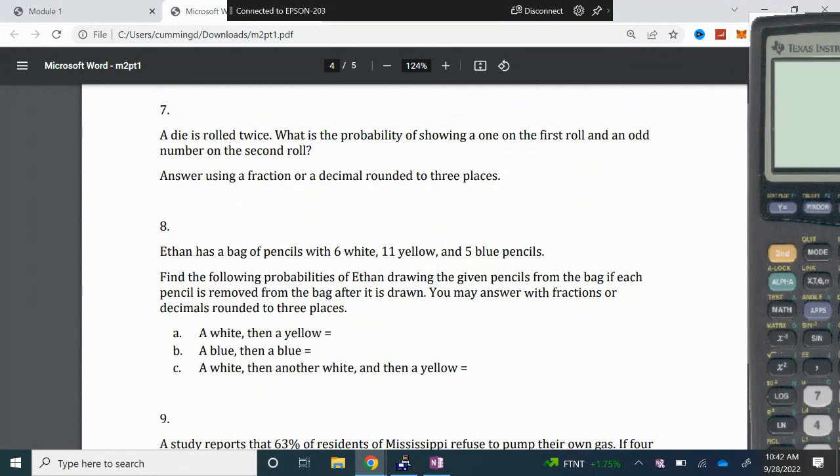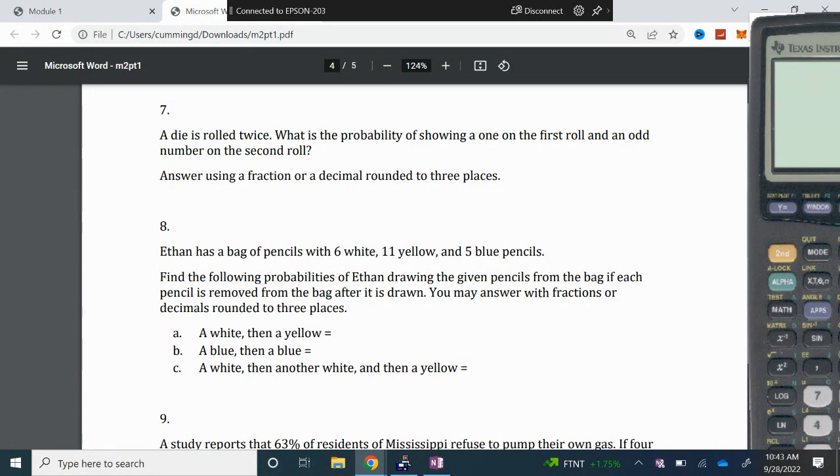Problem number 7 says a dice is rolled twice. So they're talking about a 6-sided die. They don't mention that in the problem, but this is a 6-sided die because you do have dice that have more than 6 sides. What is the probability of showing a 1 on the first roll and an odd number on the second roll? That's number 7.